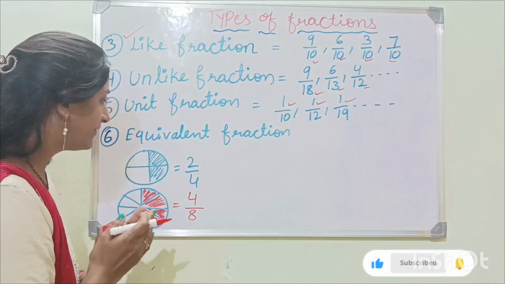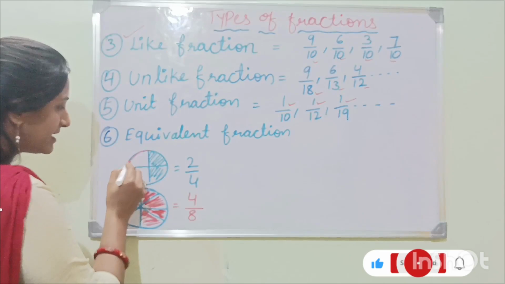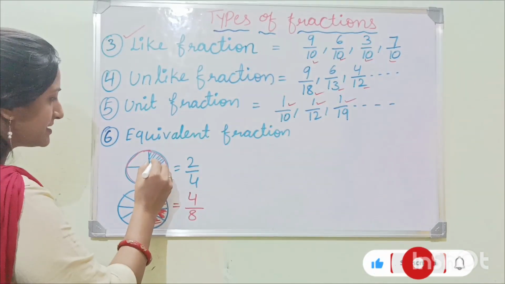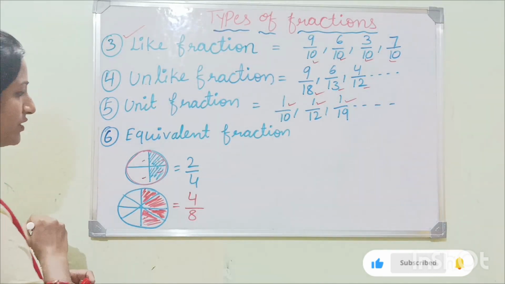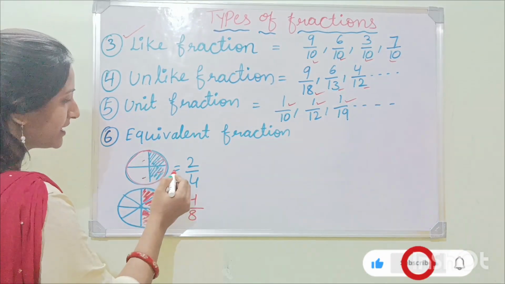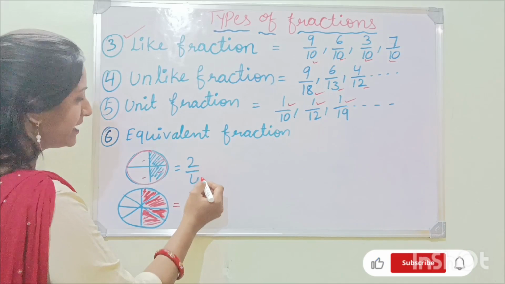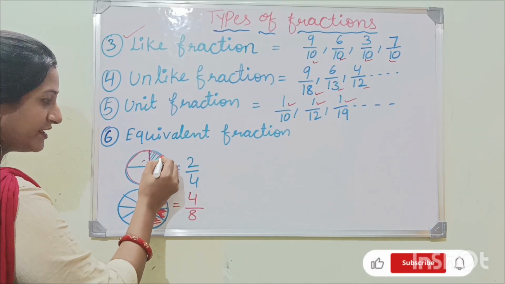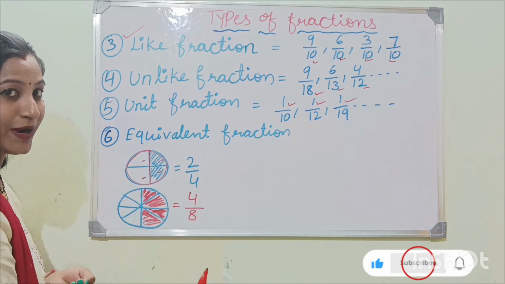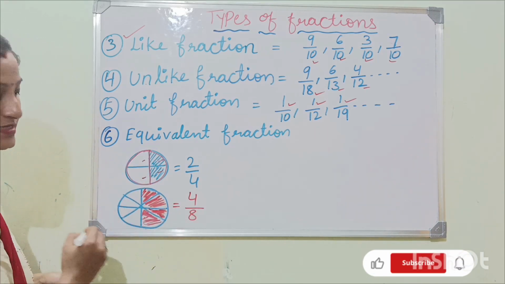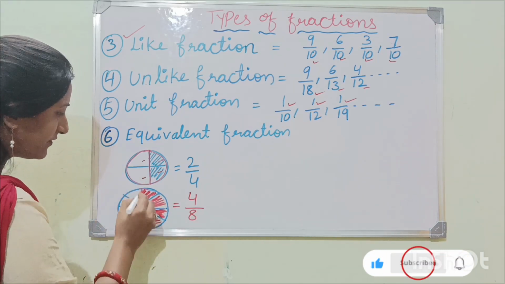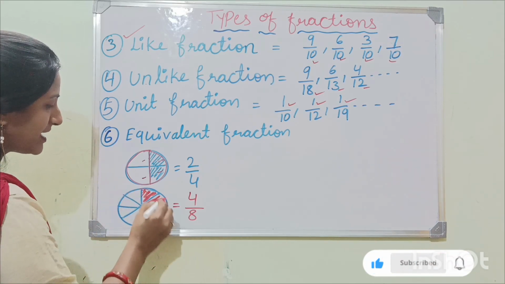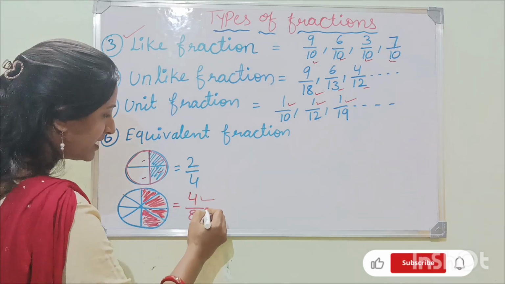Next one is equivalent fraction. So what do you mean by equivalent? I have one whole circle here and I made 4 equal parts: 1, 2, 3, 4. Out of that I have shaded 2 parts. So the fraction is 2 by 4. And the same half part I have divided into 2 more parts, that is total 8 parts, and 4 are shaded.